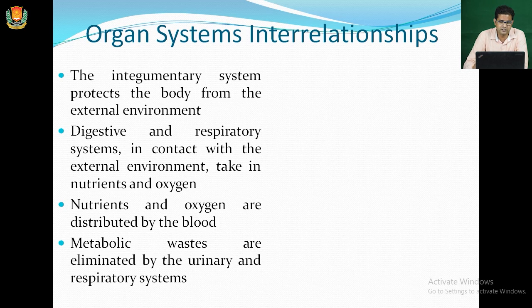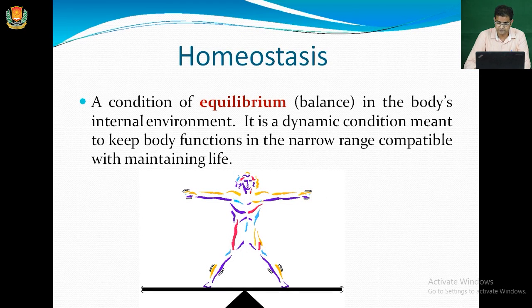Then there are the digestive and the respiratory systems, which are responsible for respiration and the entry of pure oxygenated blood into our body. The nutrients and oxygen are easily available in the blood, and metabolic wastes are eliminated through urine as well as the feces.